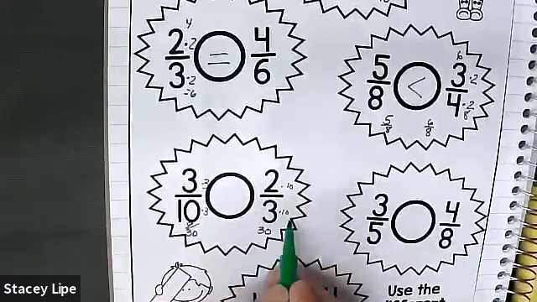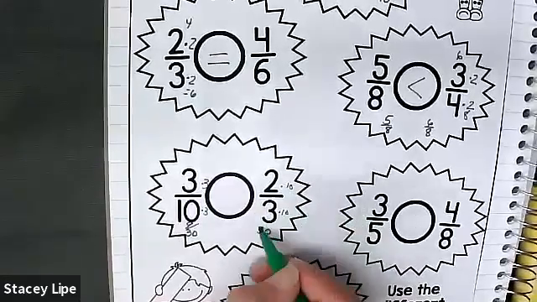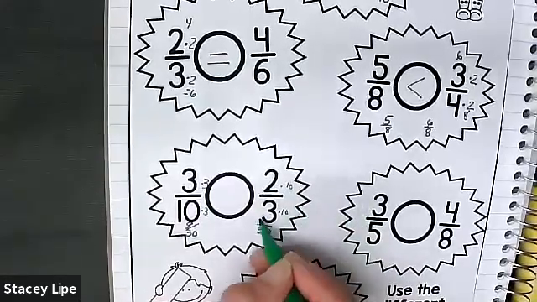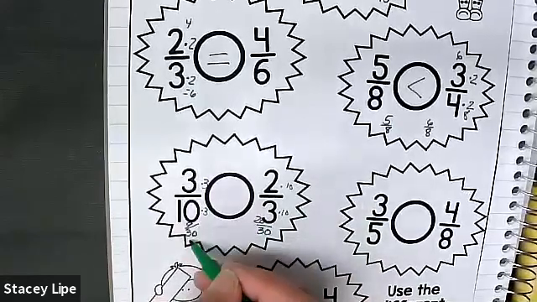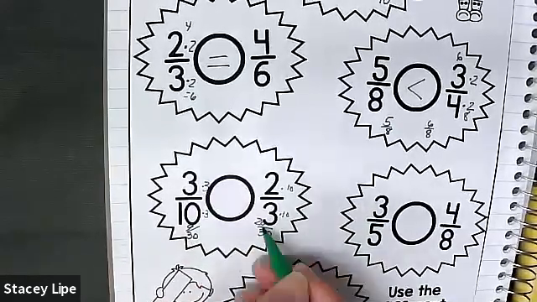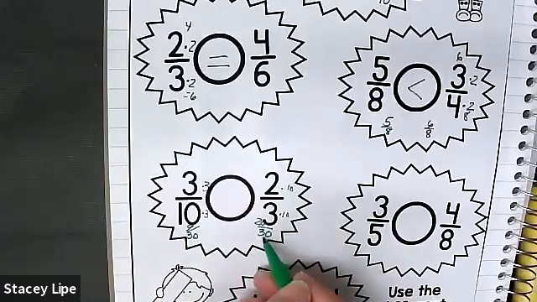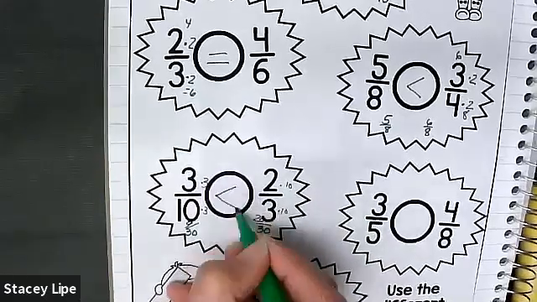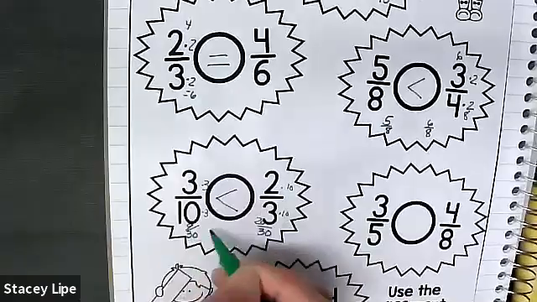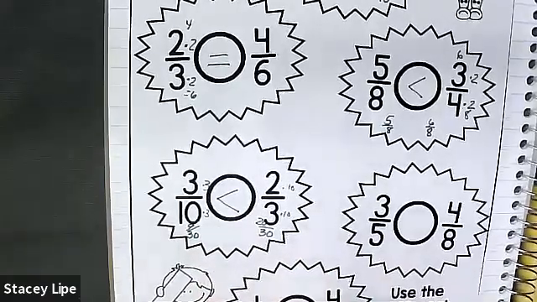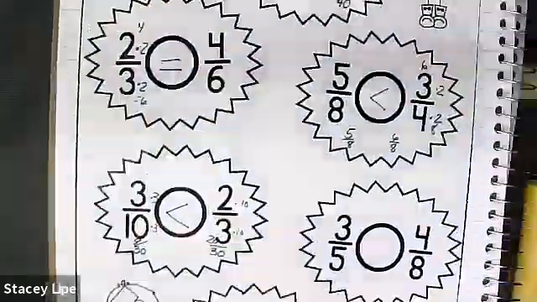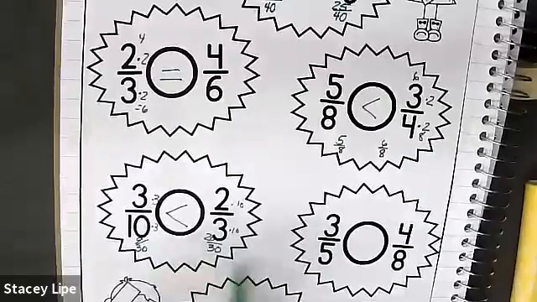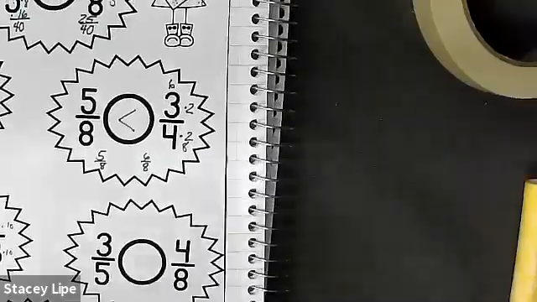So we're not really changing the size. And 2 times 10 is 20. So we have 9/30 and we have 20/30. So 2/3 is larger than 3/10. All right. This would have been one you could probably benchmark very easily as a strategy.